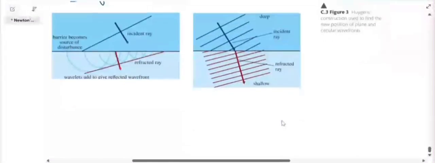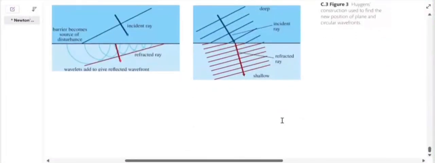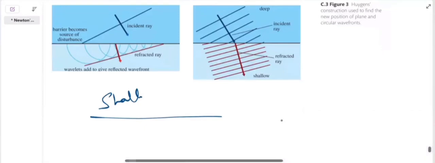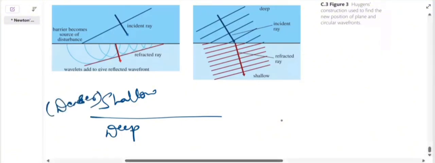Now, in the case of waterways, it's very simple, Akshita. Suppose here is my barrier line, and here I am having the shallow water, here I am having the deep water. I had told you earlier also that shallow water behaves like a denser medium for the water wave, whereas deep water acts as a rarer medium.